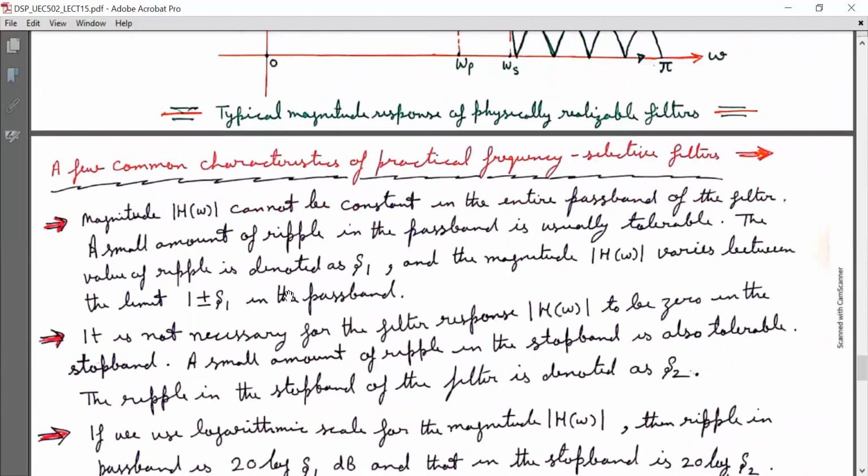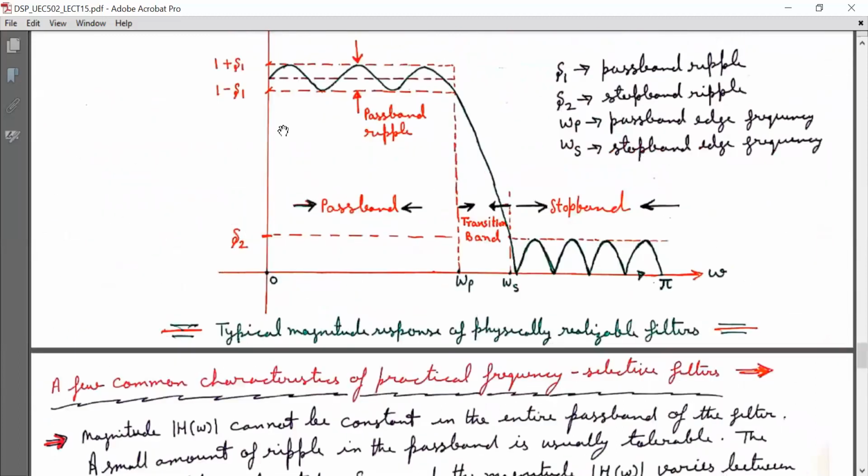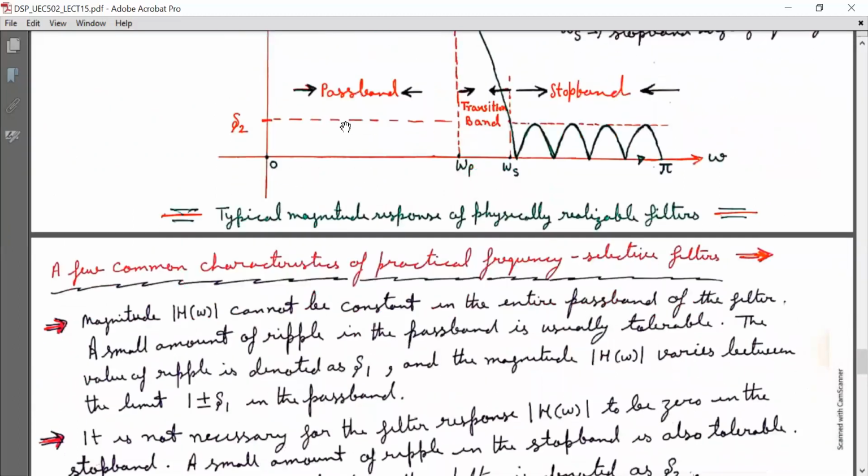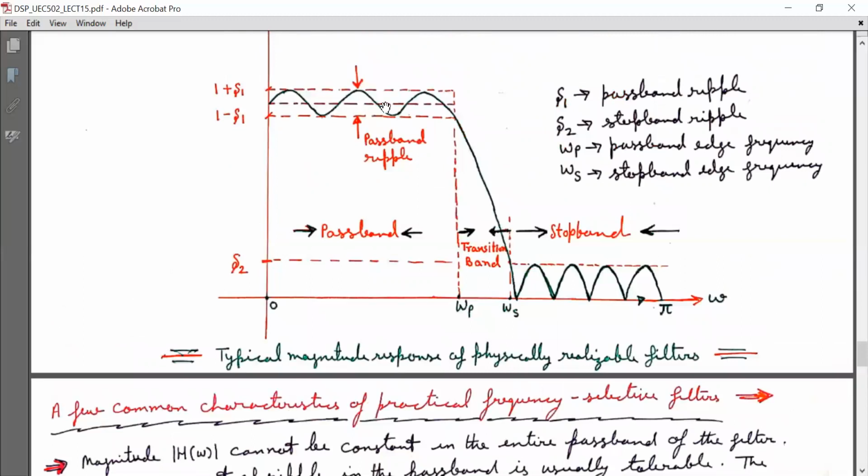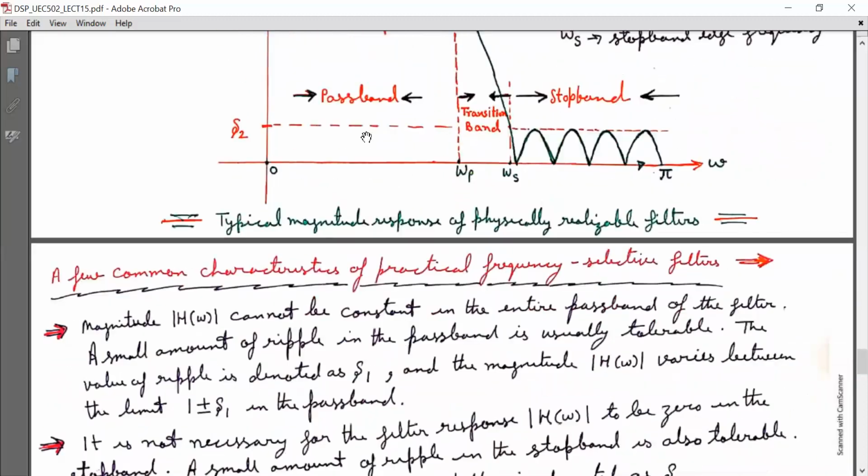The value of ripple is denoted as delta 1. It is 1, it is 1 plus delta 1, it is 1 minus delta 1. And the magnitude of H(omega) varies between the limits 1 plus minus delta 1 in the passband. So this is the passband ripple, and this is the range of variation.